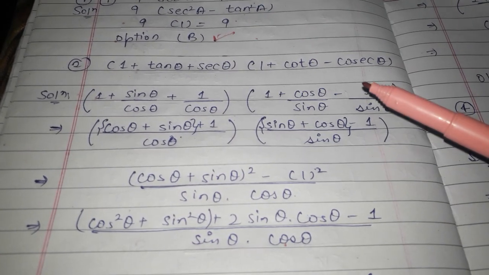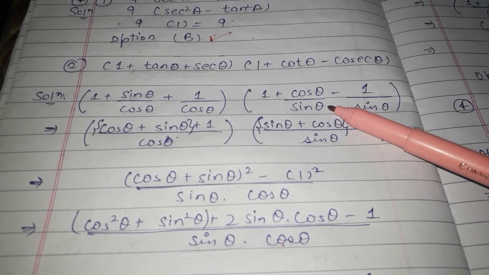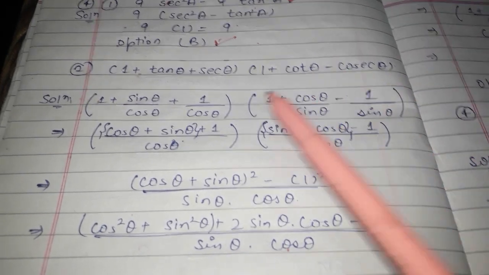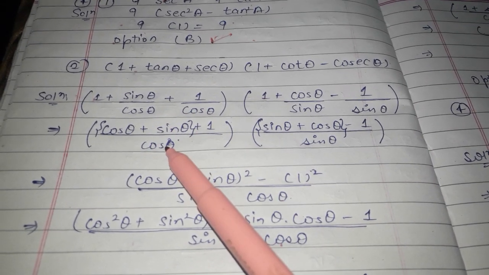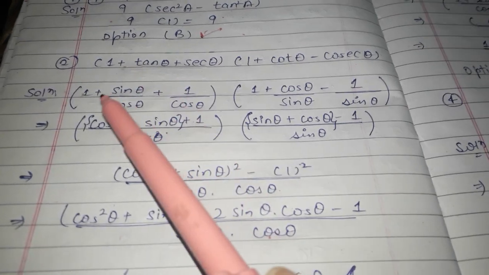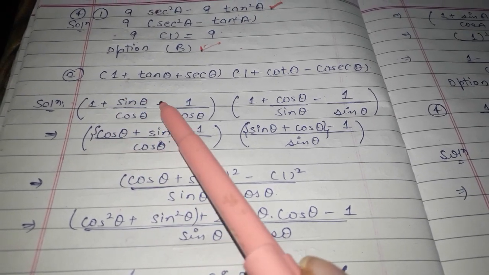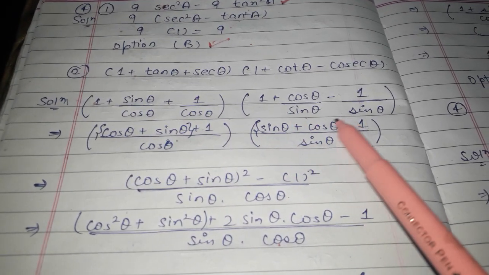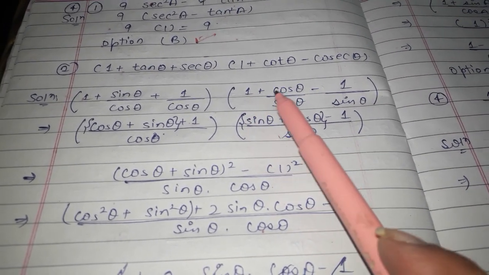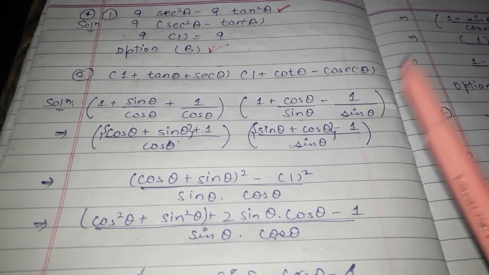Similarly, cot theta is written as cos theta upon sin theta, and cosecant theta is written as 1 upon sin theta. On taking LCM, it will become cos theta plus sin theta plus 1, into, similarly here when I take LCM, sin theta plus cos theta minus 1.